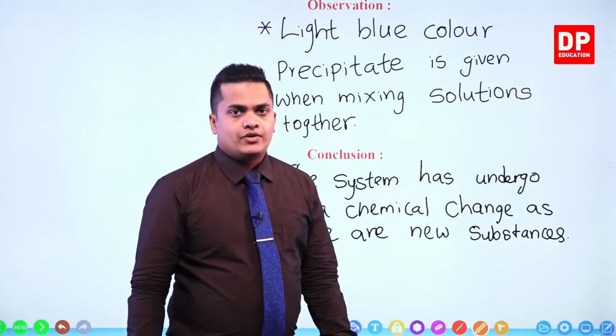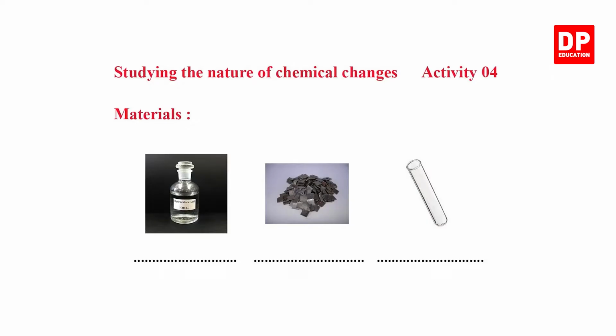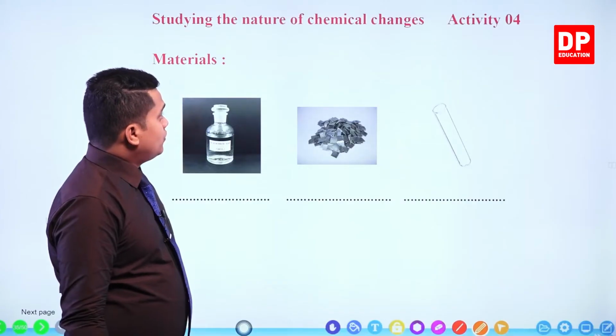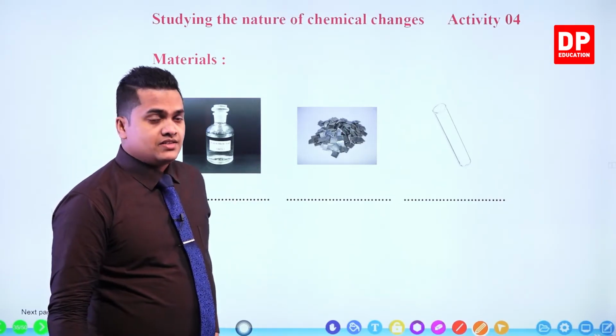Right, so we'll head on to see our next experiment then. In the fourth activity regarding the nature of chemical changes, you are given several materials. Let's identify what the materials are here.